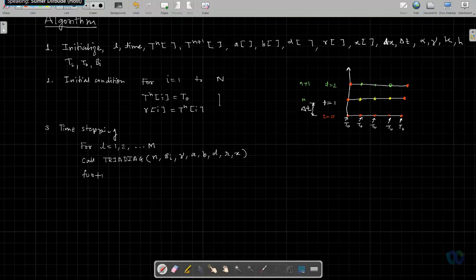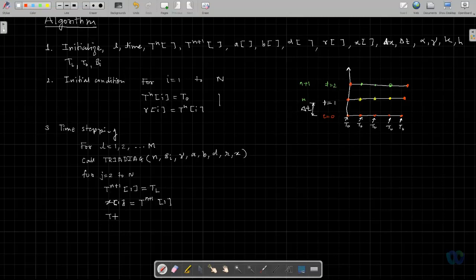Then for j equals 2 to n, you write T new, Tn plus 1, 1 equals TL, and x1 equals Tn plus 1, 1. Here x is temperature only, but we are using different variables, so I am first storing TL, which is a known value at the boundary, in a variable, and that variable I am storing in another variable x.